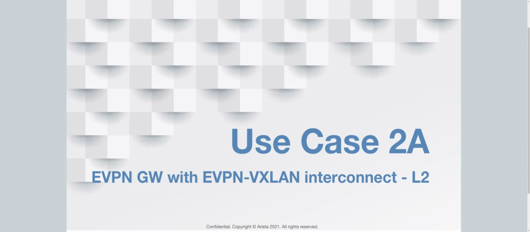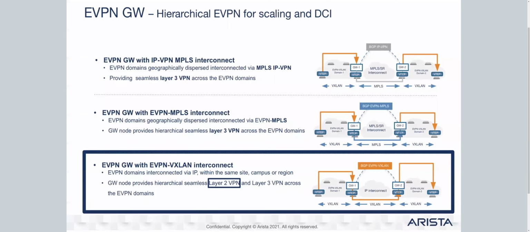Thank you. So we're going to jump into use case 2A, and here we're going to shift our focus. We are now going to look at the EVPN gateway, an EVPN VXLAN interconnect, essentially an IP interconnect between the two physical fabrics.